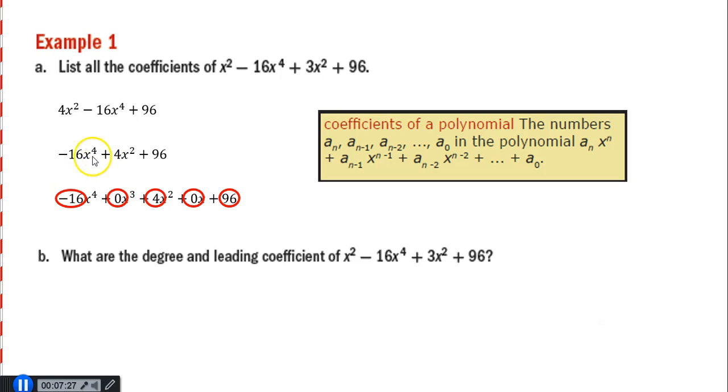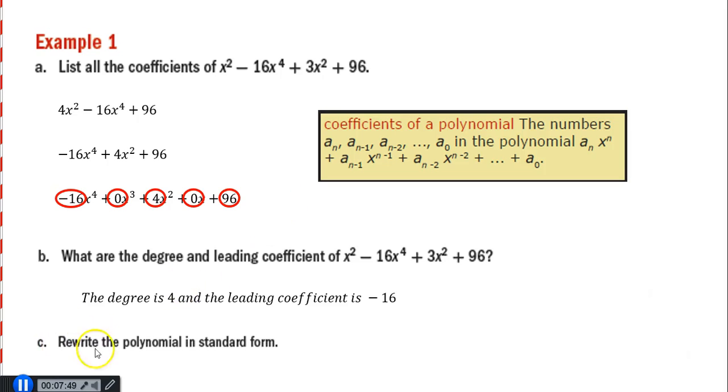So the leading coefficient here would be negative 16, because negative 16 is the coefficient of x to the 4th, which is the largest exponent. So the degree in this case is 4, and the leading coefficient is negative 16.